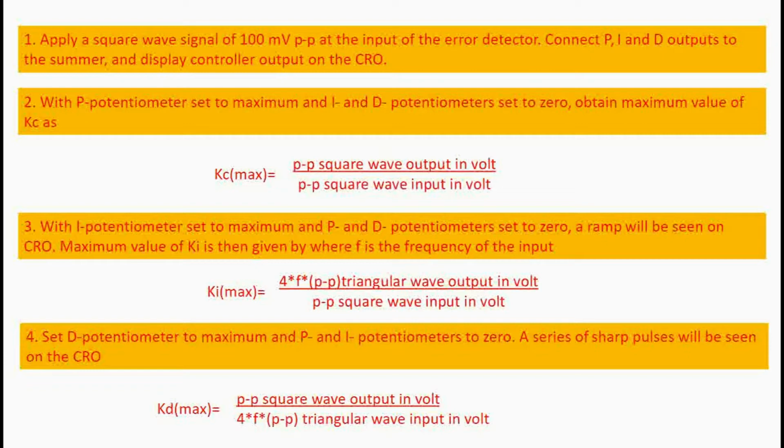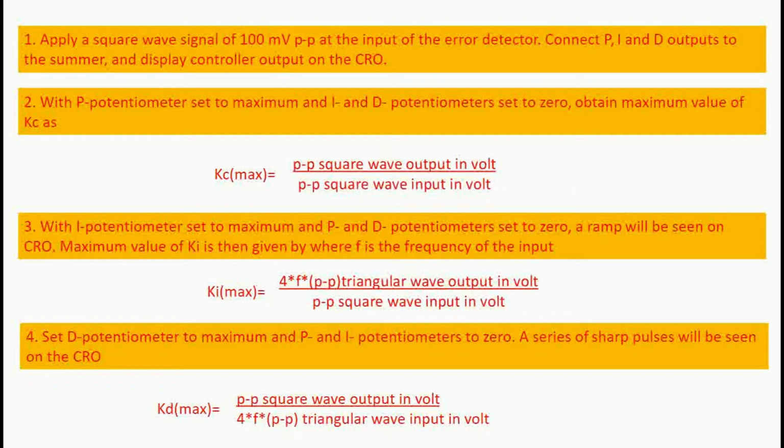And this is the formula to find out the Ki maximum, which is 4 into frequency into peak to peak triangular wave output in voltage by peak to peak square wave input in volt. Here our frequency is our input frequency.